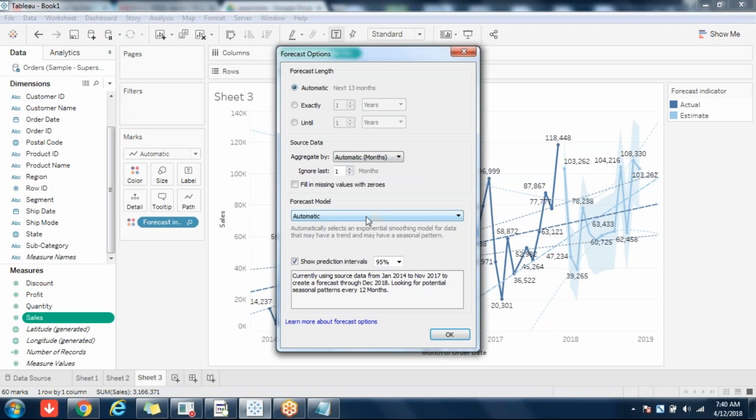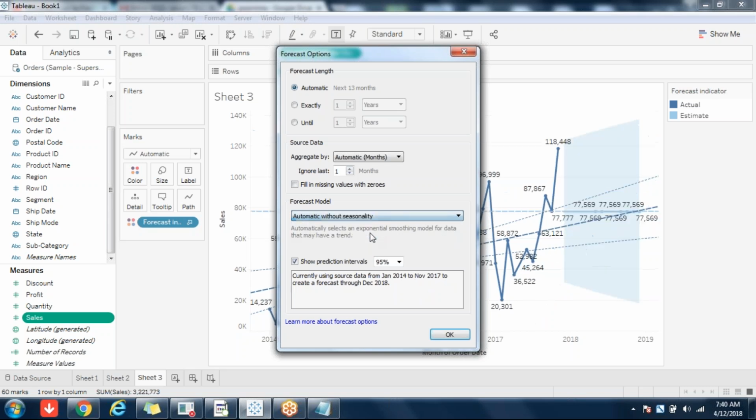Next, Tableau is using the exponential smoothing model technique. You can continue with the same modeling technique, or if you are not comfortable, you can change the modeling technique to what you want to use.